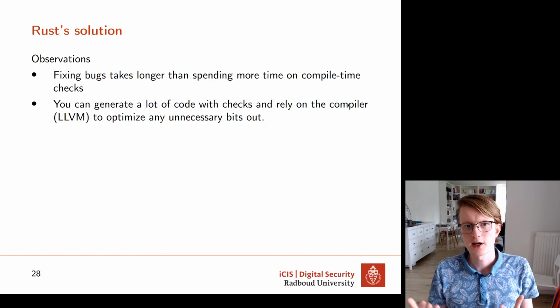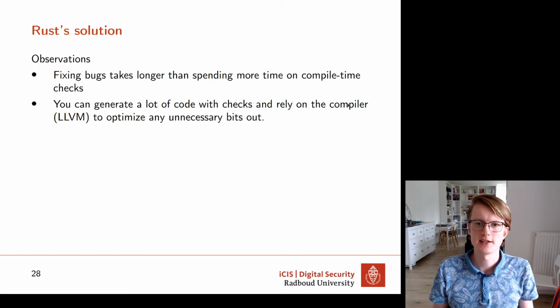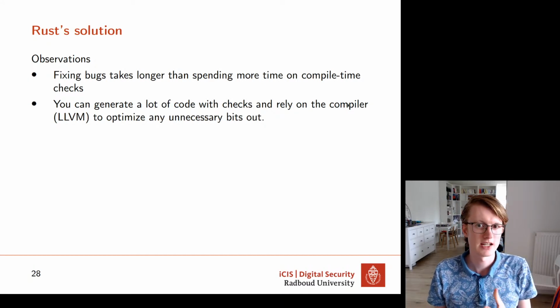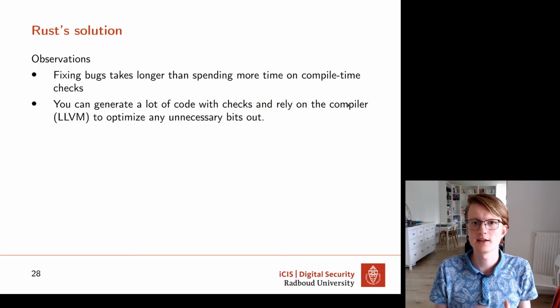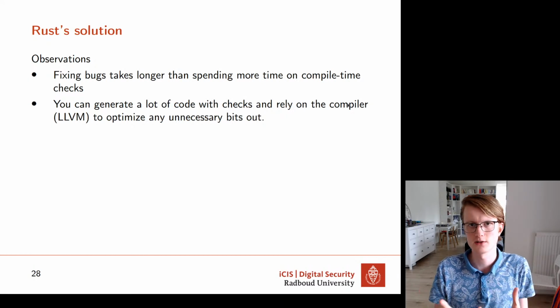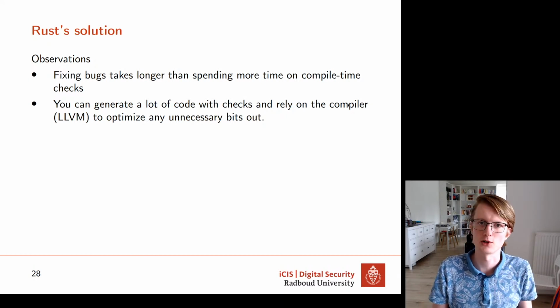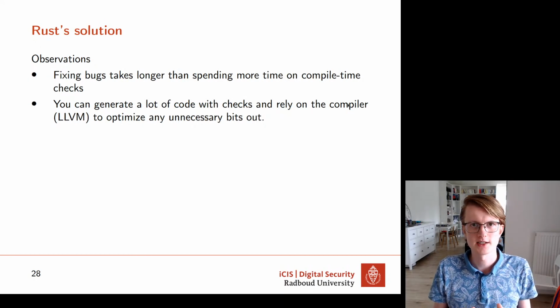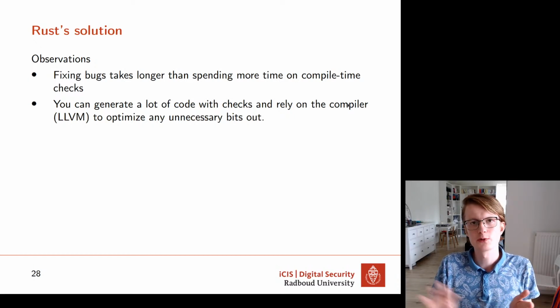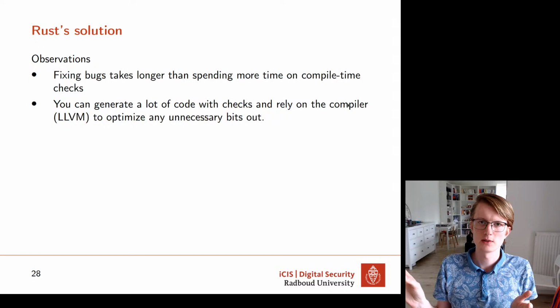They start out from the observation that fixing bugs takes longer than spending more time on compiling and checking things, because fixing a bug, as you might have experienced, will often cost you hours. And it's also possible to generate code that has a lot of checks and balances, and then rely on a compiler, and they use LLVM as a compiler, to optimize away everything that you can prove is unnecessary.